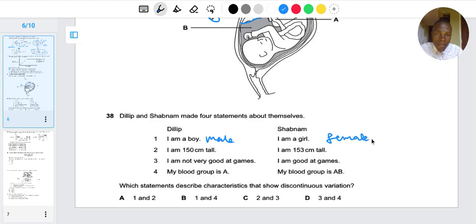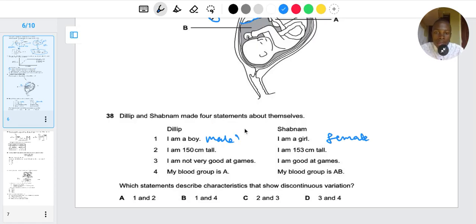No matter what, you can't change. A male can't just say, I want to become a female. In short, gender can't change no matter what, unless you undergo surgery, but those are exceptions. So that one should be part of our answer.